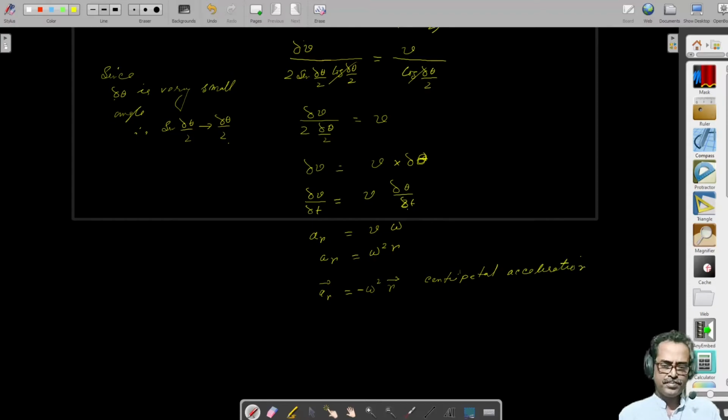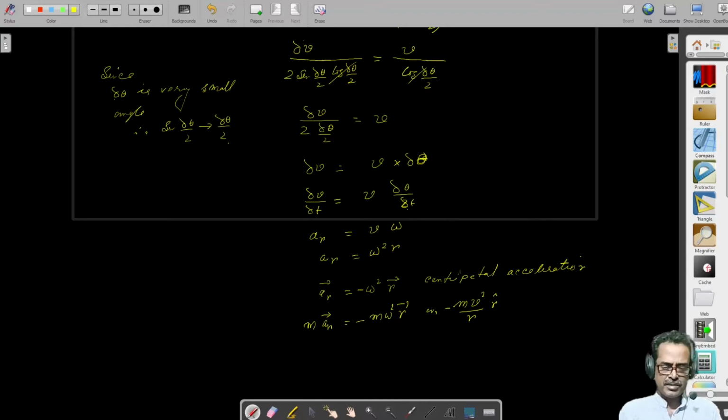Therefore, the centripetal force, that is the force required for this acceleration, is equal to m into the radial acceleration, is equal to minus m omega square R, or minus m v square by R with R cap.